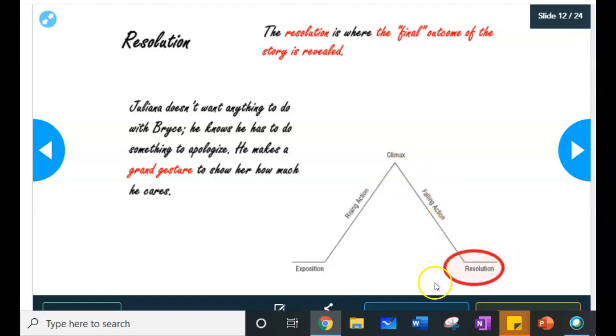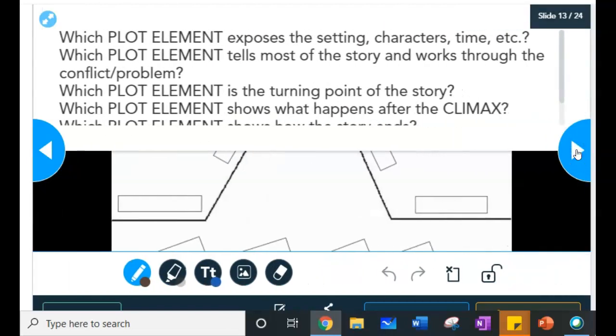And then we finally get to that resolution, that final part of the story where we've climbed the mountain and lived to tell about it, and all my friends have made it through this adventure with me, and we are going to live happily ever after. Okay, the resolution of our story. And that brings us to our last slide, and now you're just going to add that final part.